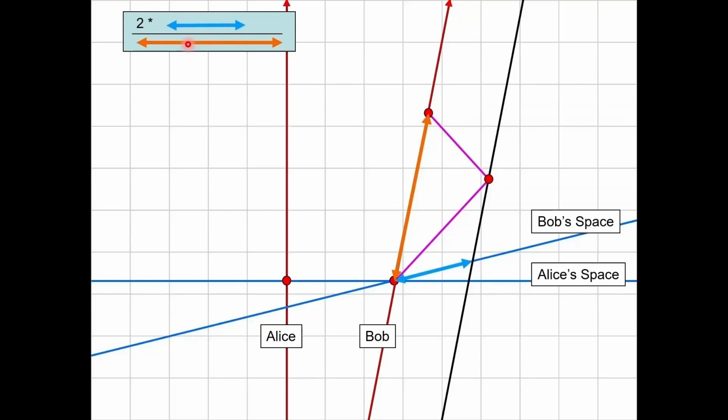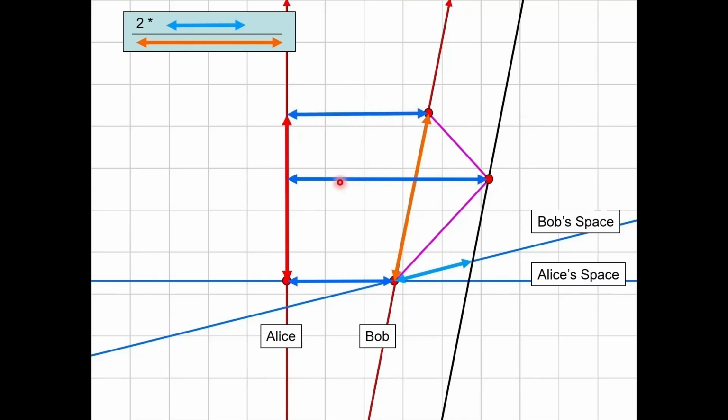Now let's do the same thing, but from Alice's point of view. Try to figure out the speed of information according to Alice, using this same procedure. So the distance the information traveled is from Alice all the way to the reflecting point and back, but the information did not start from Alice, it started from this point, so we have to deduct this distance over here. And it also did not return all the way to Alice, so we have to deduct this distance over here.